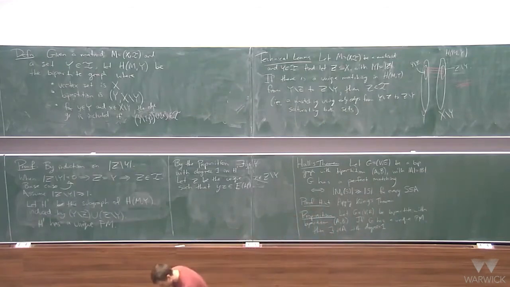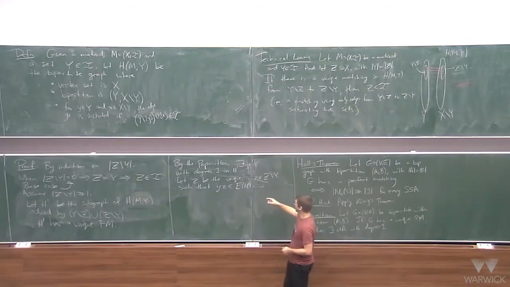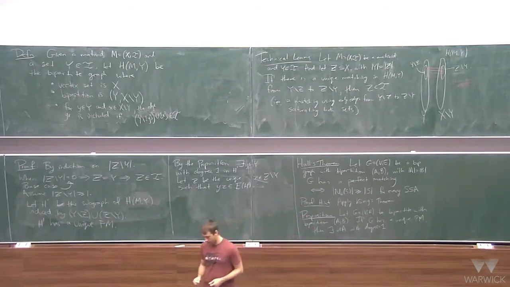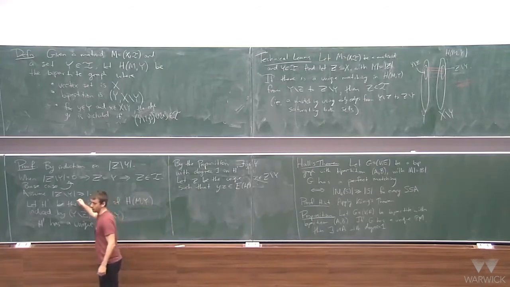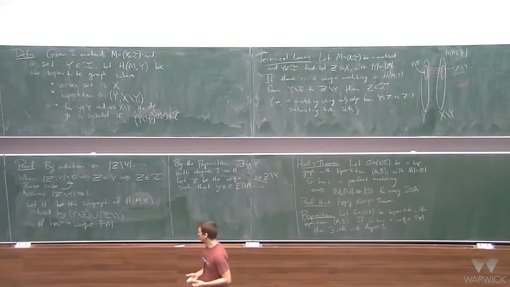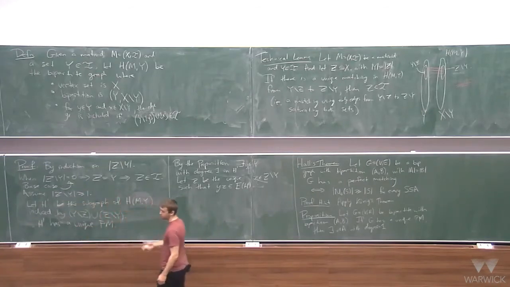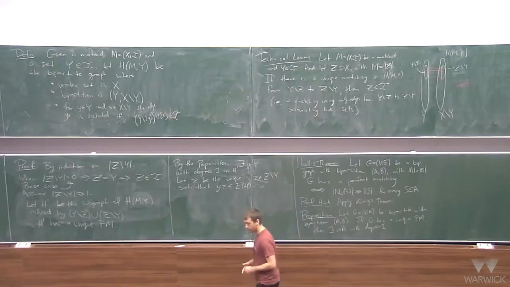Okay. So now we're going to do a sort of trick. We need to apply this inductive hypothesis somewhere, right? So we need to find a set Z prime which is more similar to Y than Z is, and somehow apply the inductive hypothesis.